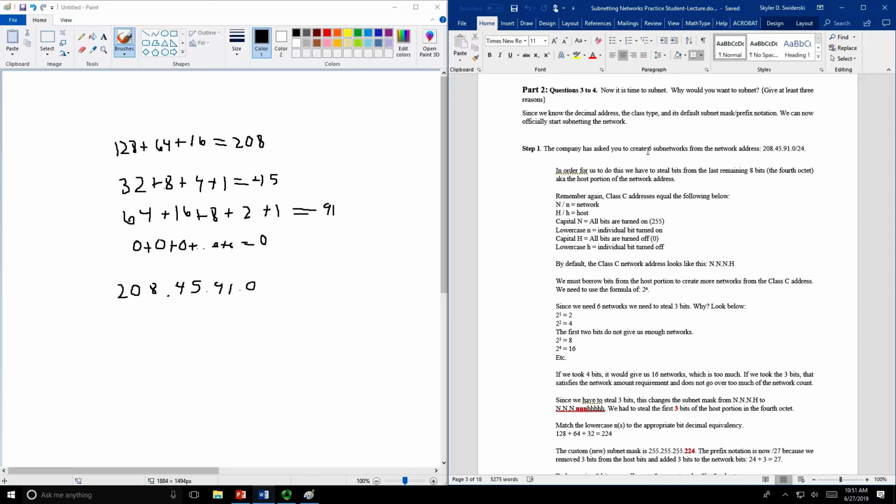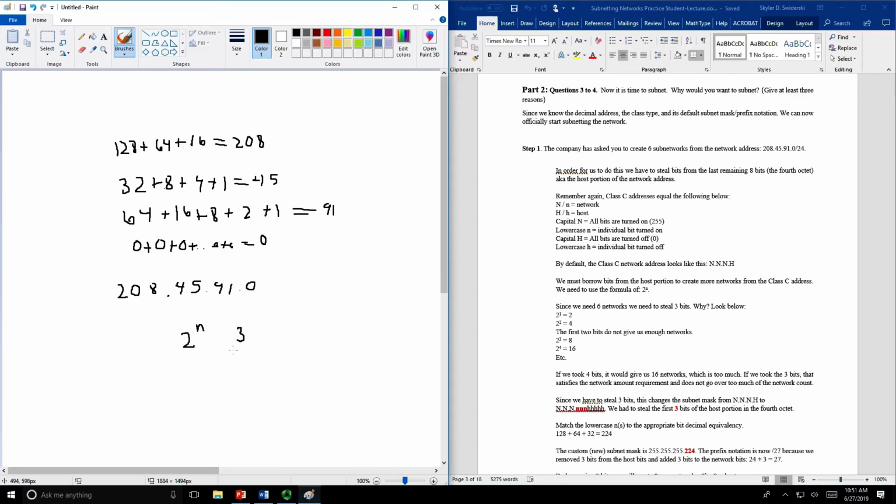In order to determine the sub-network addresses, we need to know how many bits we need to take. It told us that we needed a total of 6 networks. So we are going to use 2 to the n to find what gives us a minimum of 6.